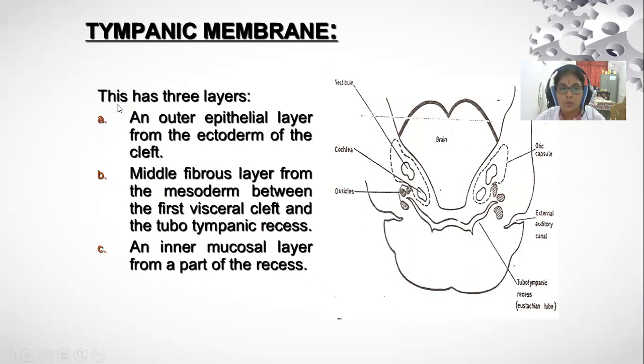Tympanic membrane, as you all know, has three layers: an outer epithelial layer, which is developed from ectoderm, a middle fibrous layer, which is developed from mesoderm between the first visceral cleft and the tubotympanic recess, and an inner mucosal layer from a part of the recess, that is the tubotympanic recess.